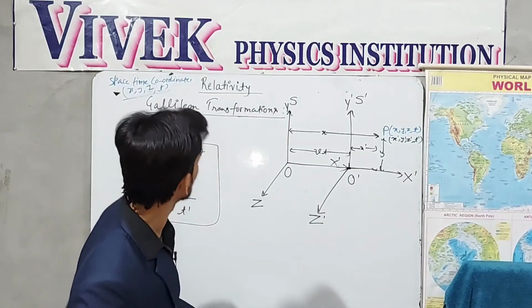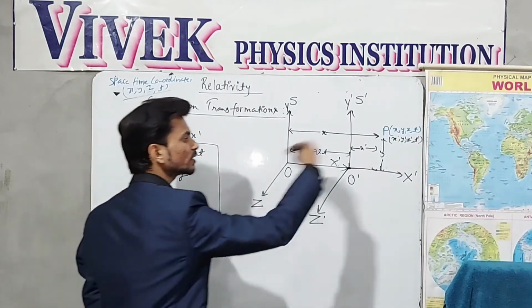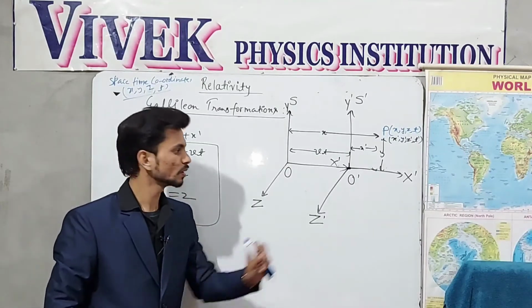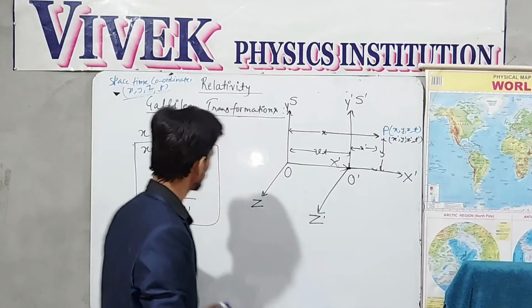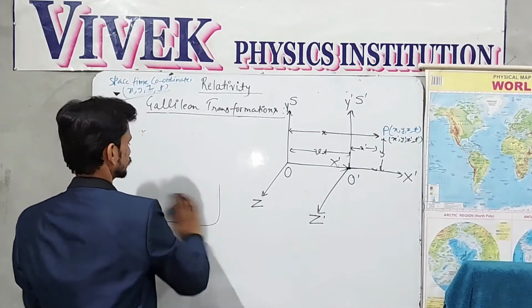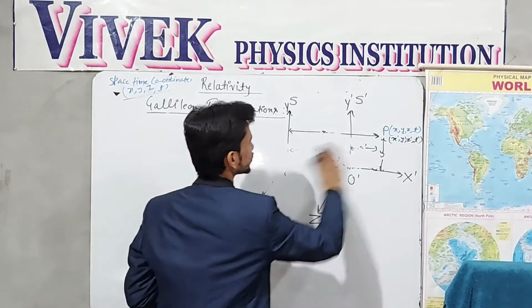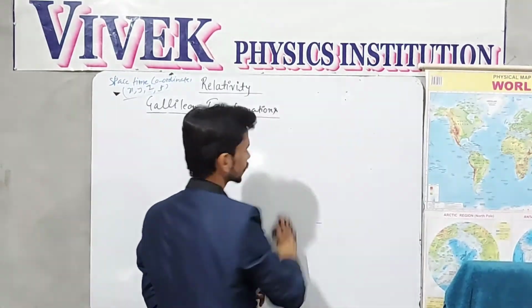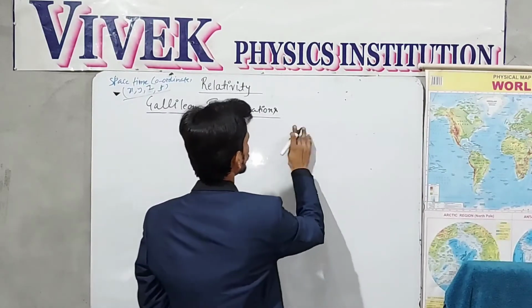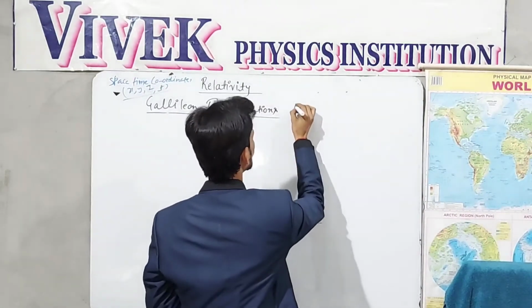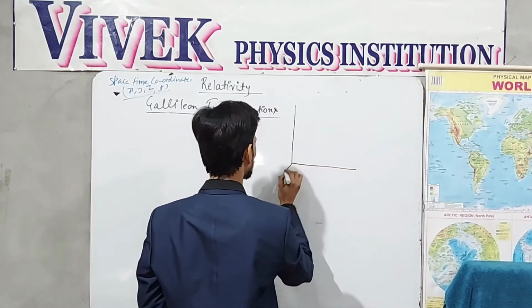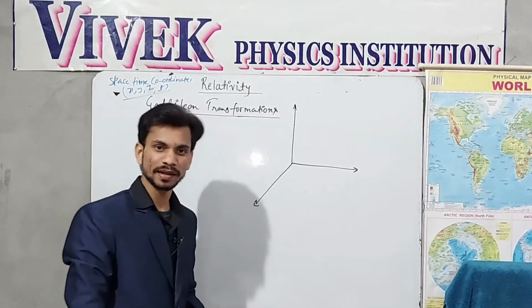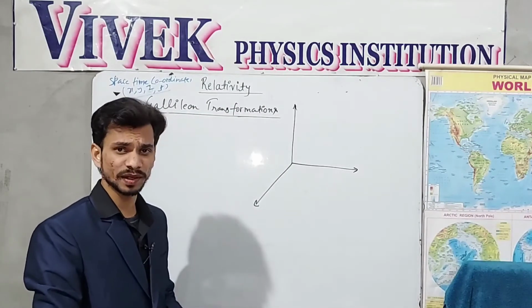So this is the first case, when the other frame of reference is moving with some velocity in one direction, which is along the positive x axis. Second case: maybe the frame of reference S dash is moving in any direction, along x, y and z as well, in all three directions.